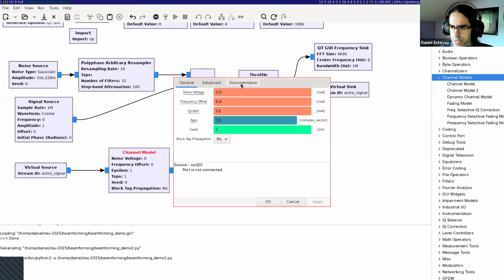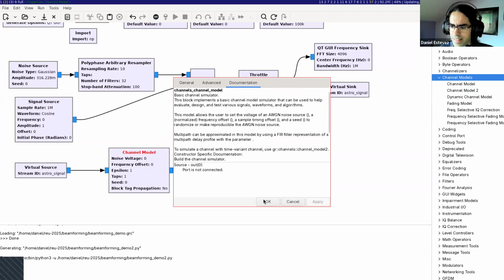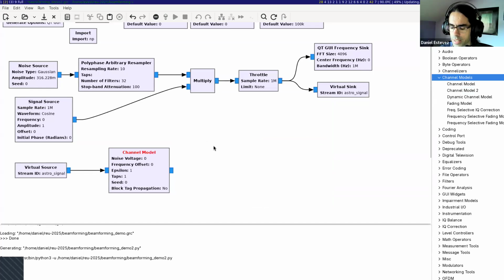There is a parameter called epsilon, which I think is better explained here. It tells the sample timing offset to emulate the different rates between the sample clocks of the transmitter and receiver. 1.0 is no difference. So that is how it's usually used in communications, because the transmitter and receiver clocks will be slightly different. No clock is perfect, but we are going to use it to simulate the fact that the delay between the two antennas is changing over time.